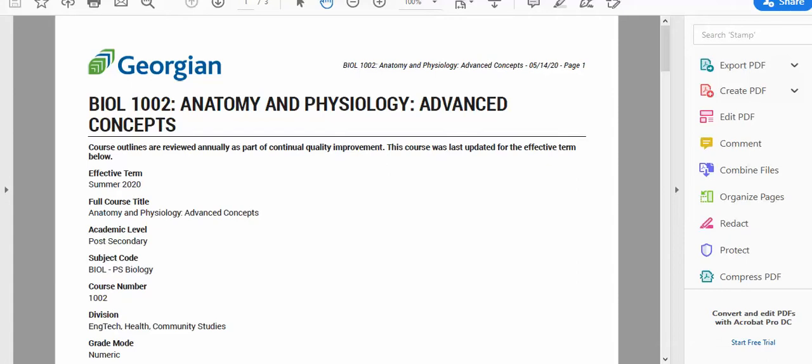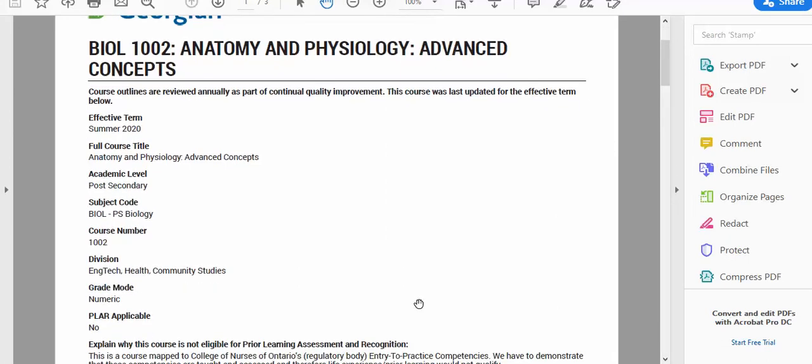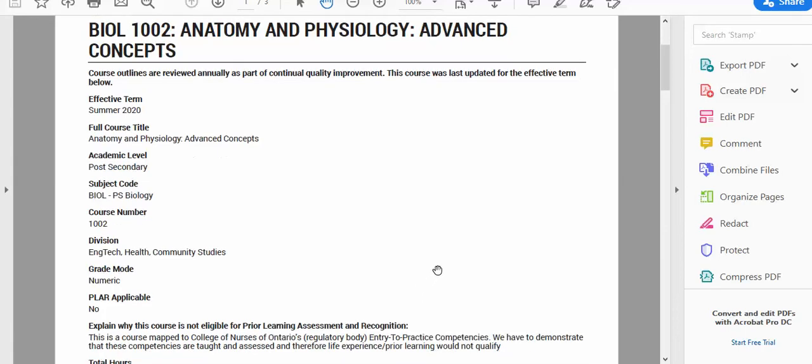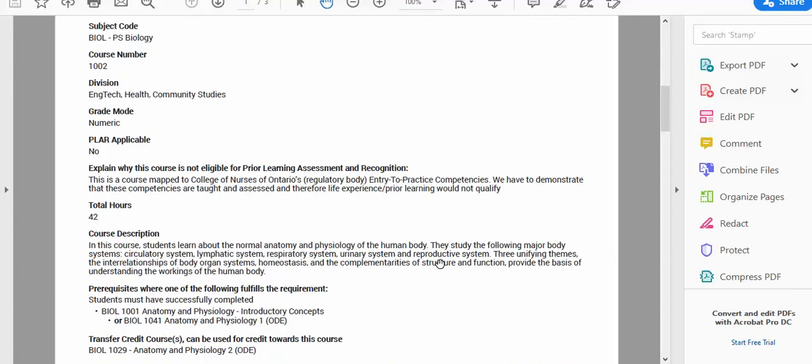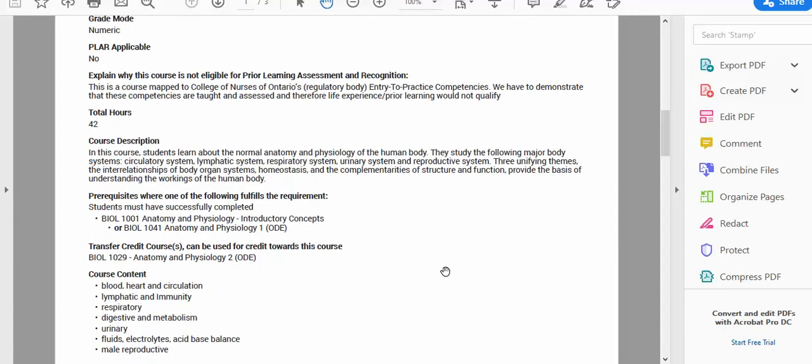You'll see that it's summer 2020, anatomy, physiology, advanced concepts, the course number is 1002, 42 hours. It's really a systems anatomy and physiology course. So we will look at circulatory, lymphatic, respiratory, urinary, reproductive systems.